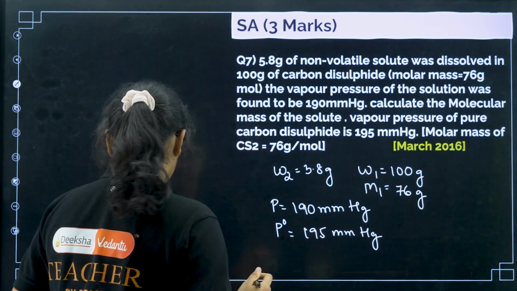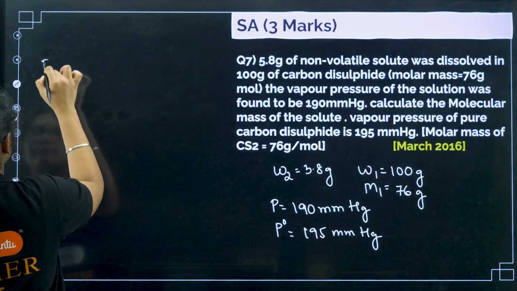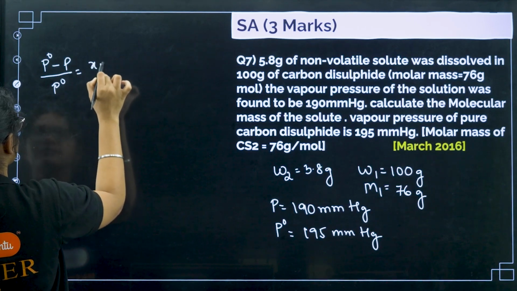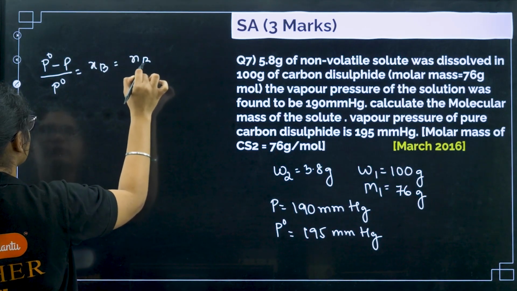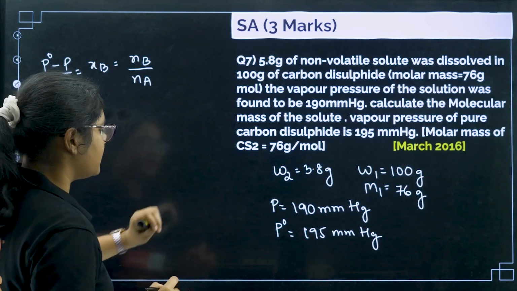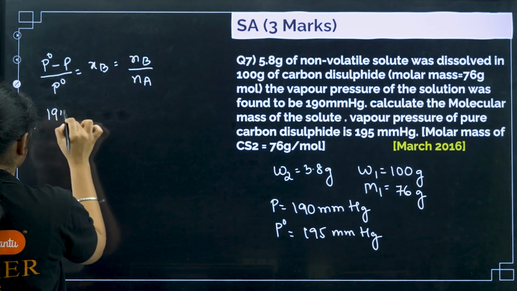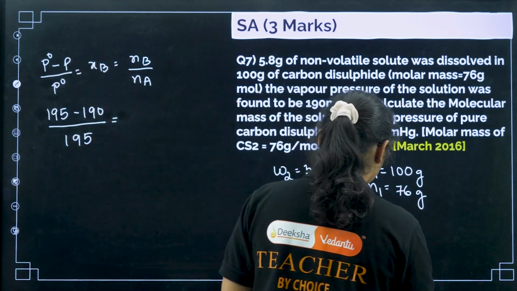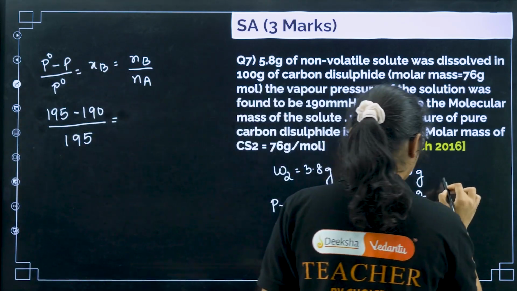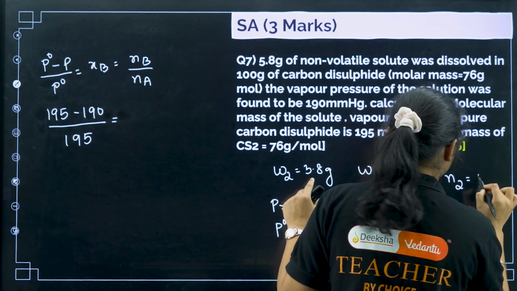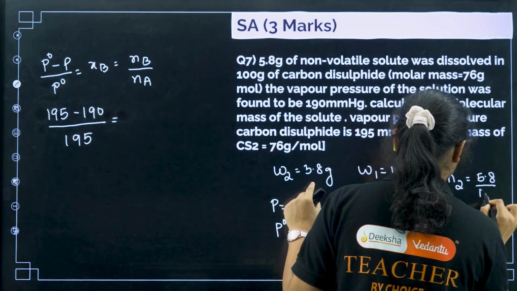So now we'll use the relative lowering of vapor pressure formula. P naught minus P by P naught is equal to XB is equal to NB by NA. What is the P naught value here? 195. Now what is the value of NB and NA? NB means N2, that is the solute, so that is 5.8 by M2.